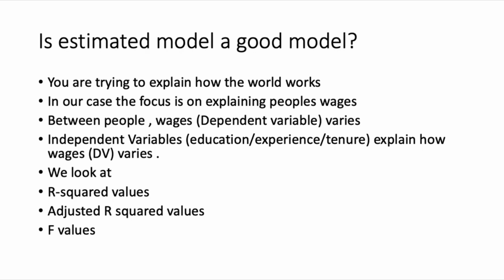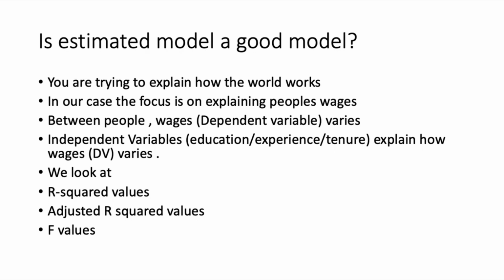Wages in our case is the dependent variable because that's the one that we're trying to explain. And we've so far decided that education, experience, tenure, and gender are factors that explain how wages vary.